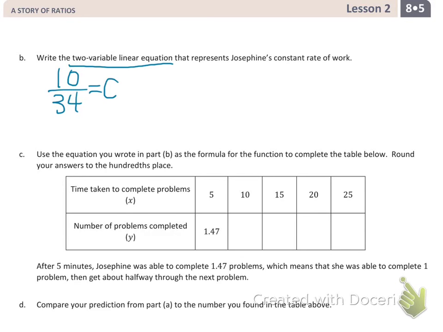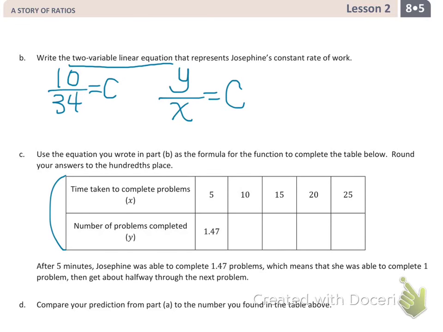So we could say that is her constant rate here. So I'm going to bump down to part C here and use the variables that are given. The time taken to complete problems is going to be X, and the number of problems completed is going to be Y. So I know that she can do Y problems in X minutes, and that is also equal to our constant rate.